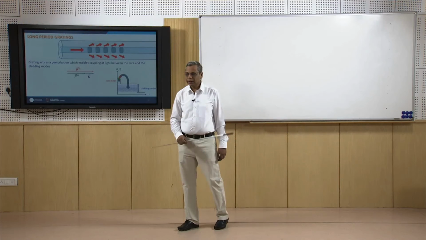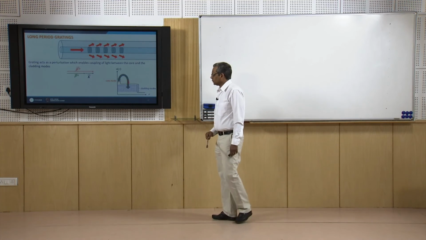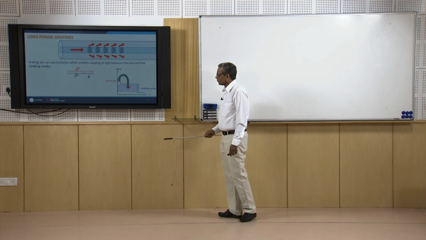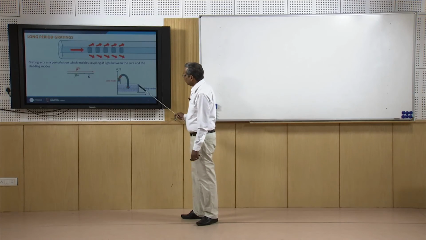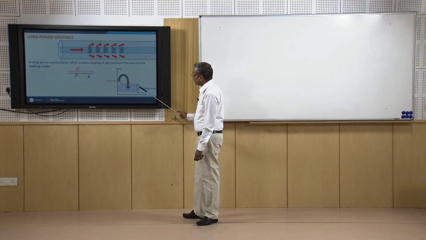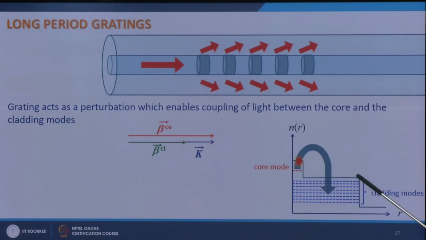If you actually look into the structure of fiber, this is the refractive index profile. I have a small core and then I have a large cladding. After cladding there is air. So, I have this which is the core mode, but since this cladding is also finite, it also has certain modes, and since it is very large, there are a large number of modes here which are very closely spaced.